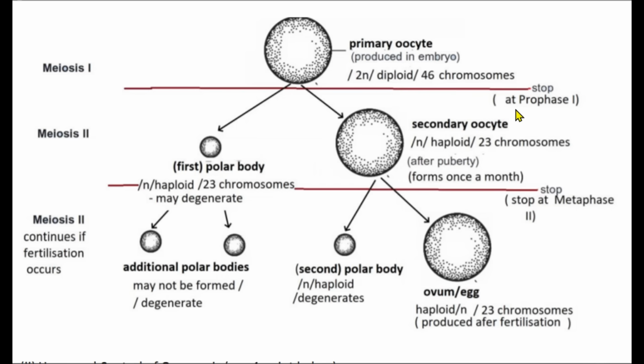Now, what happens here is that you'll notice that meiosis 1 stops at a certain point. Why does it stop? The thing is, it starts, but the primary oocytes don't actually become secondary oocytes until after puberty. After puberty, the girl will start to ovulate and release what we would call eggs from the ovary.